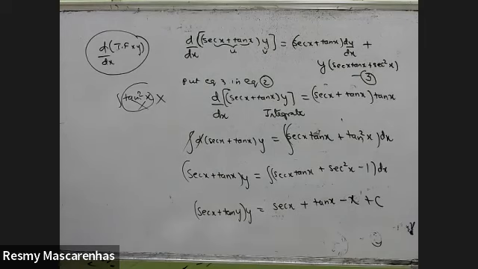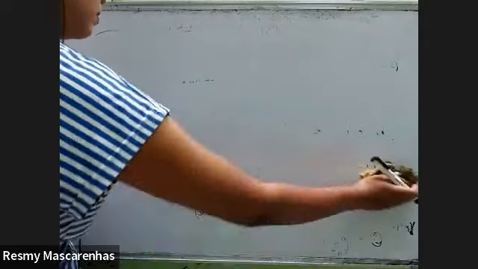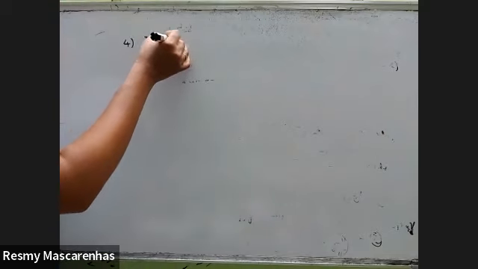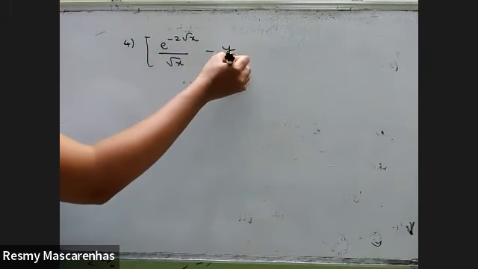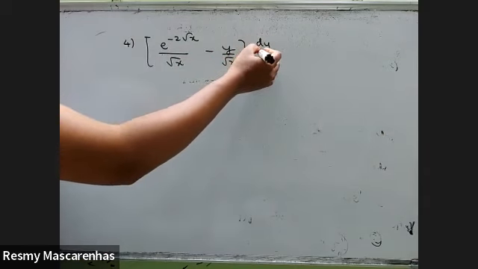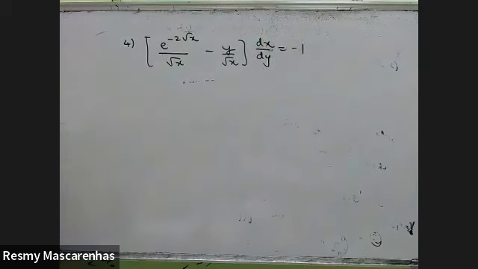Both 1. Is equal to 1. And this is dx upon dy.